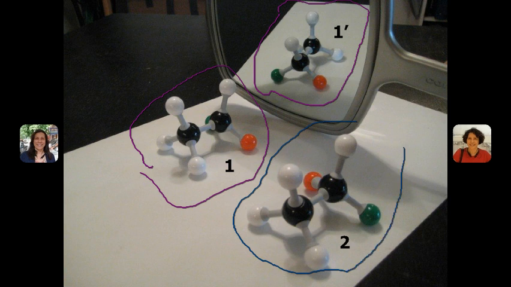And molecule number 2, if it is the enantiomer of molecule number 1, should be exactly superimposable on molecule 1 prime. We can't see that right now. What we need to do is turn molecule number 2 around so that you can see that all the atoms in molecule number 2 are in the same direction as those in molecule number 1 prime, but not molecule number 1.